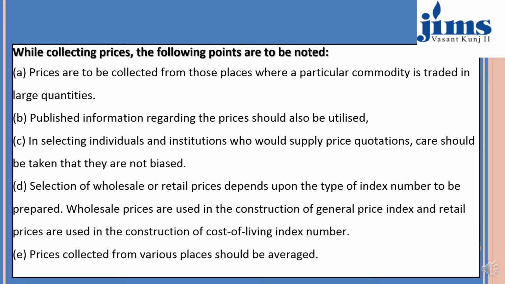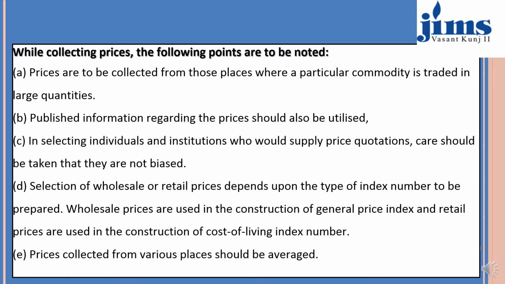While collecting the prices, the following points should be noted. Prices are collected from those places where the particular commodities are traded in large quantities. Published information regarding the prices should also be utilized. In selecting individuals and institutions who would supply the price quotations, care should be taken that they are not biased.